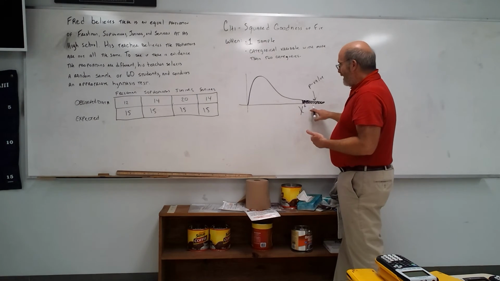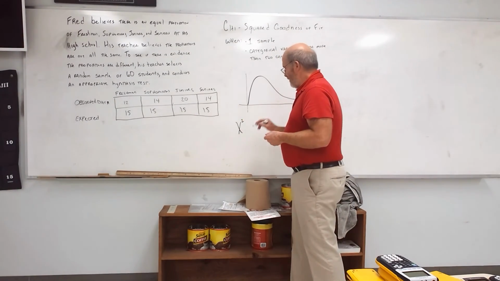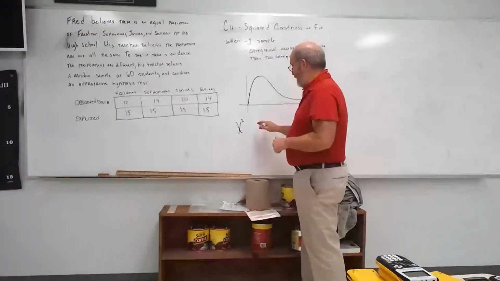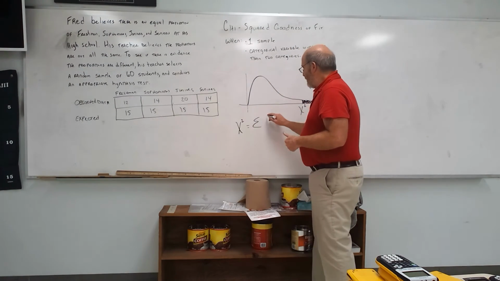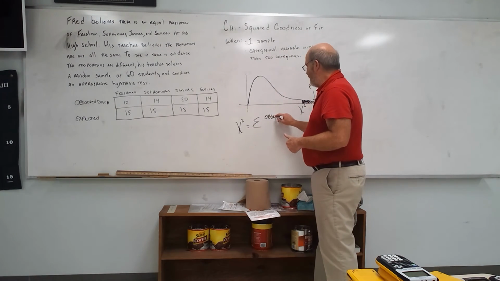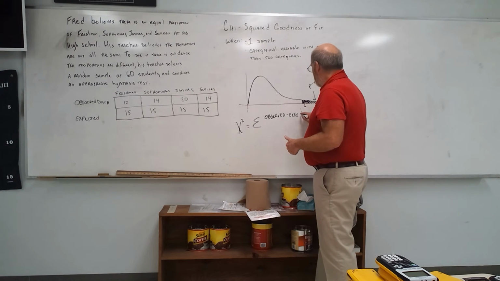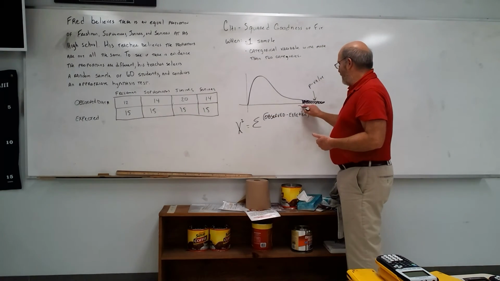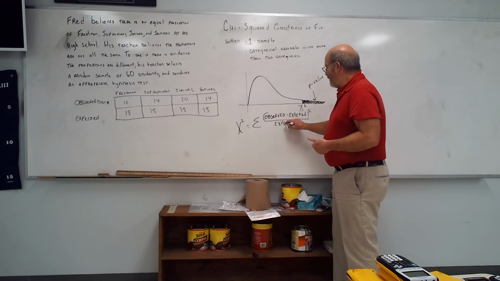Now, how do you calculate this chi-squared test statistic? Your calculator is going to calculate the chi-squared value when you run a test on the calculator, but you need to know how to do this. This is going to be the sum, for each category, of your observed data minus the expected for that category, that difference squared, and then you're going to divide that by the expected value.